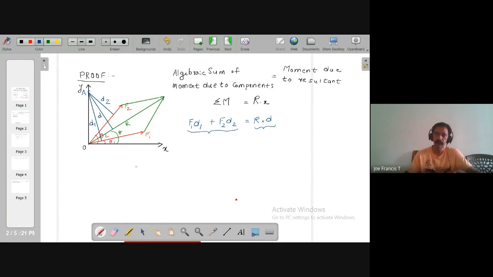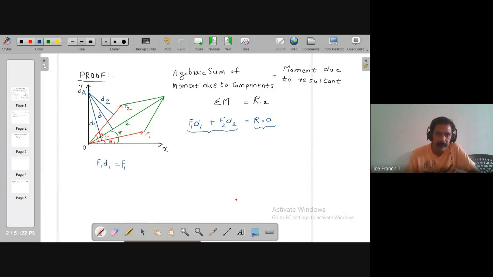Now, if you want to find a proof for this, you take one by one. Suppose you take F1 d1, that is moment due to the force F1 at A. So this is given by F1 into, instead of d1, I will give another expression for that.